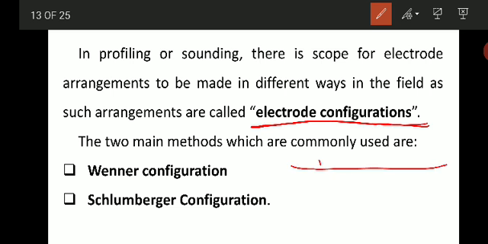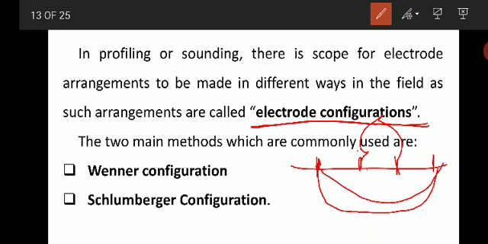Because we need to send the current into the ground, we need to place the electrodes on the ground, and with the help of the current supply we can pass the current into the ground. The type of arrangements you can make with the help of electrodes is called electrode configuration.